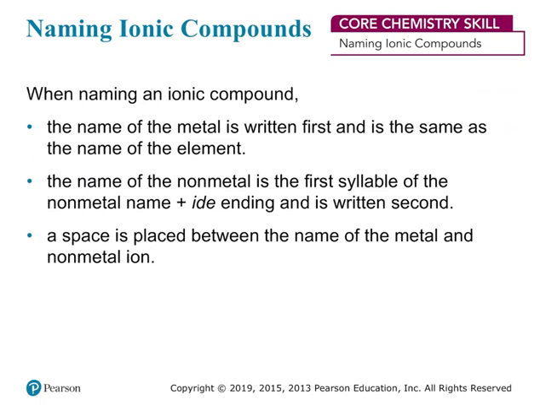All right, so when you're naming an ionic compound, we're going to write the name of the metal first. And we're not going to change the name of the metal, it's just going to stay the same. So, for example, we just talked about KI, and we start by naming the metal, which is potassium. Then we're going to add the name of the nonmetal, except we're only going to use the first syllable of the nonmetal.